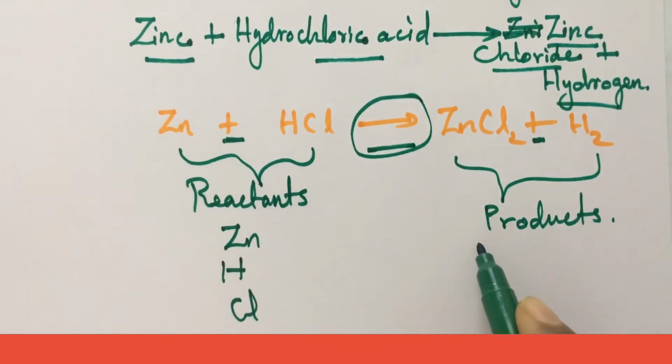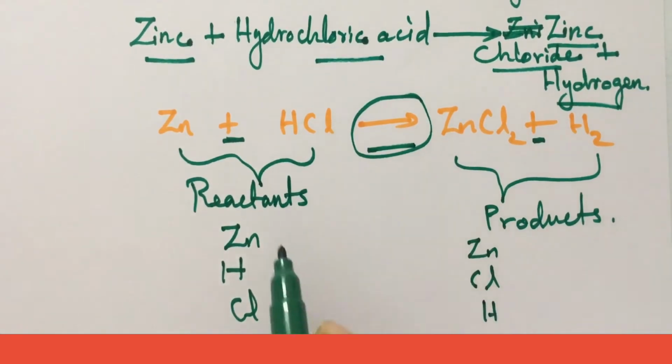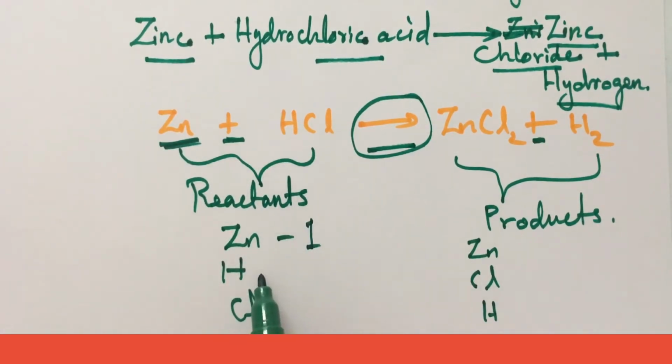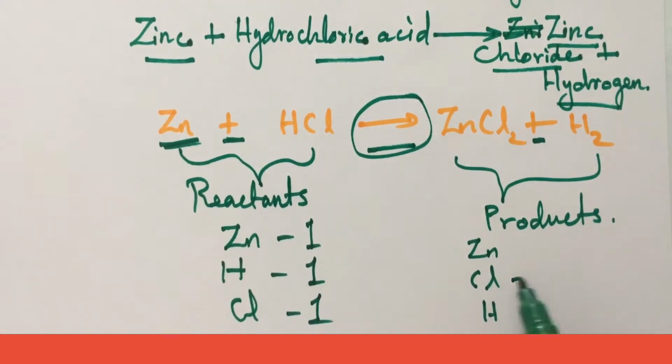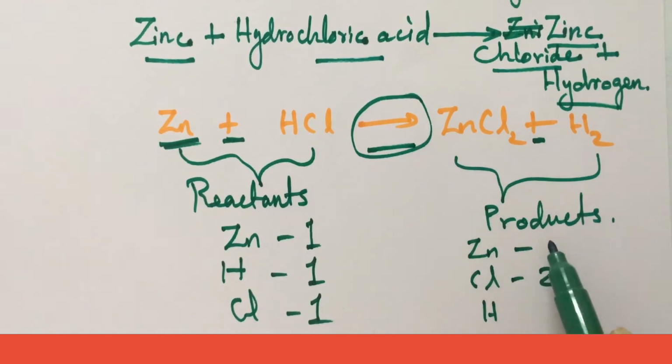And here Zn, Cl and hydrogen, in which zinc is 1 and hydrogen is also 1, and Cl is also 1. On the product side, Cl we have 2, zinc we have 1, and hydrogen we have 2.